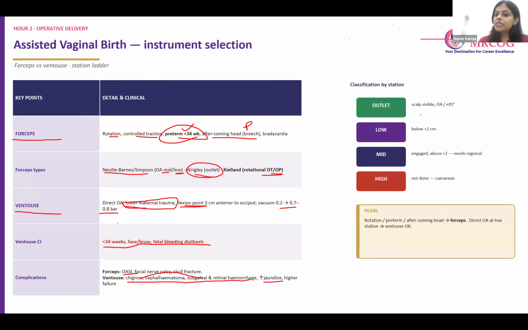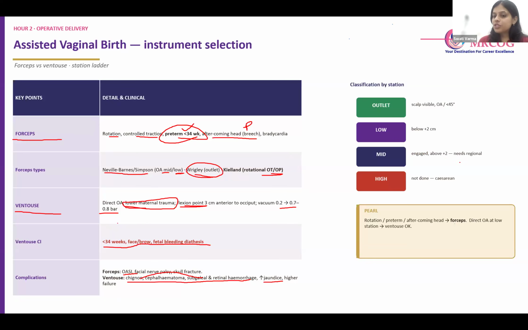Now, classification by station. Wherever the scalp is visible, she is occipito-anterior, less than 45 degrees, it's a clear-cut outlet. Below plus 2 centimeter is low. Plus 2 or above, below the ischial spine, with head engaged, is mid cavity.